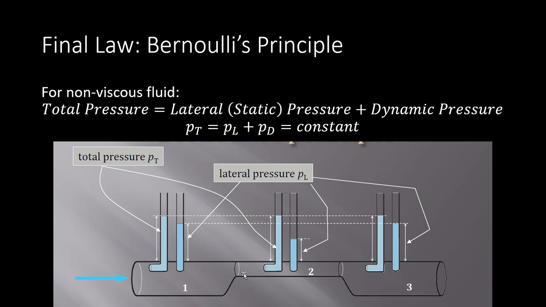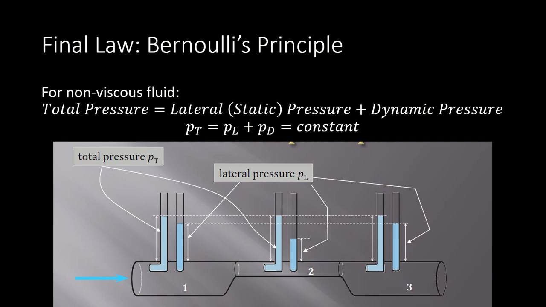And then as we need less lateral pressure, we will have greater dynamic pressure pushing the blood flow through the vessel. And then as we once again increase our lateral pressure keeping the walls open, we'll have a lower dynamic pressure pushing the blood through the vessels.